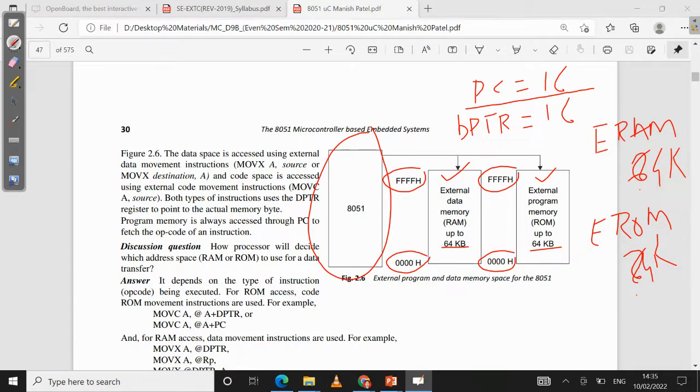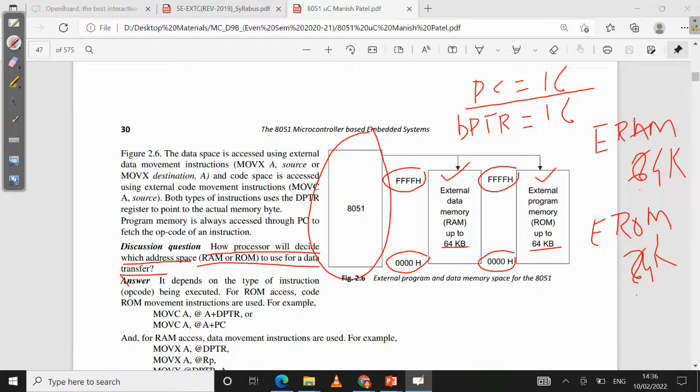Now something more on this. Now the question is, can you see the question here? The question says, how will the processor decide which address space, either RAM or ROM, to use for a data transfer. प्रोसेसर को कैसा पता चलेगा द एड्रेस विच आई एम यूजिंग वो एड्रेस रैम का है या फिर वो एड्रेस रोम का है.